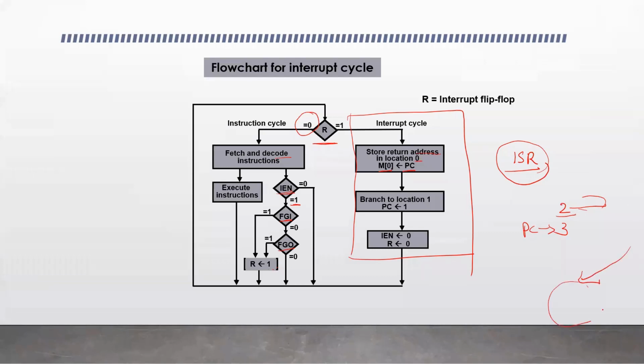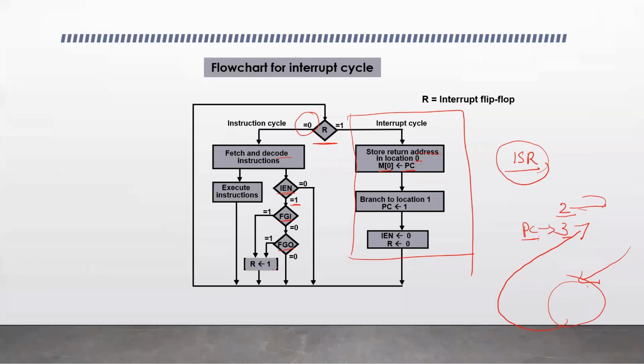It will perform that and return back to this program, to address 3, which will be there in PC. That is the return address, what is there in PC. So we store that into the 0th location in memory and branch to 1.